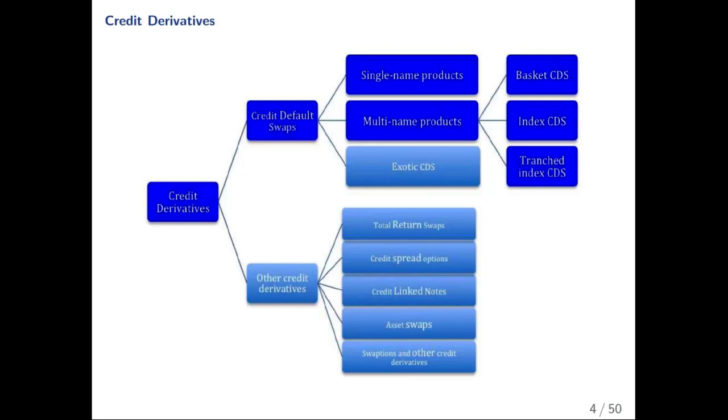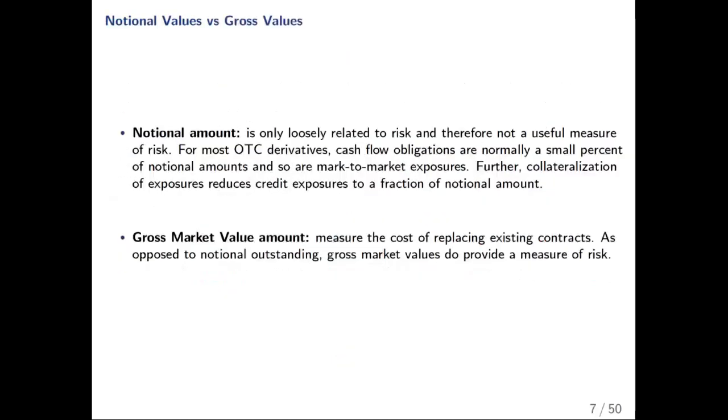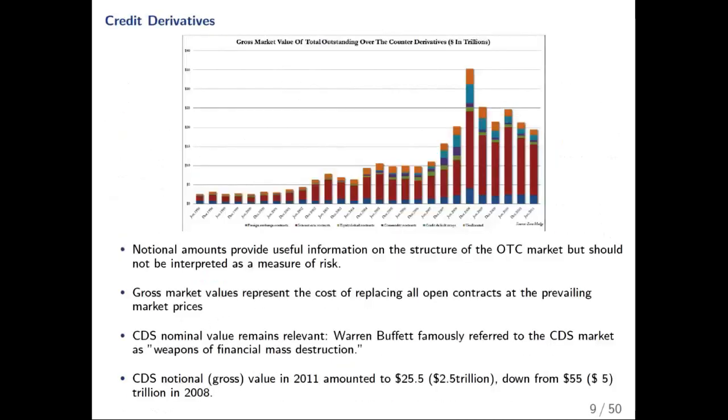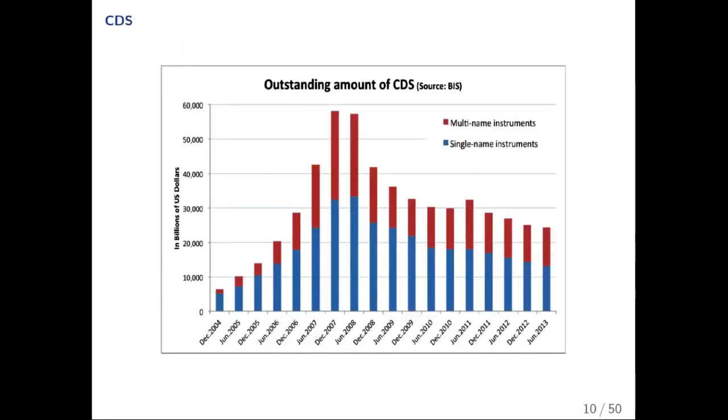And within the pure credit risk products, we have single-name products and multi-name products. Within this 5 trillion, at this point in time, most of the market was in single-name instruments, meaning credit derivatives written on single entities.